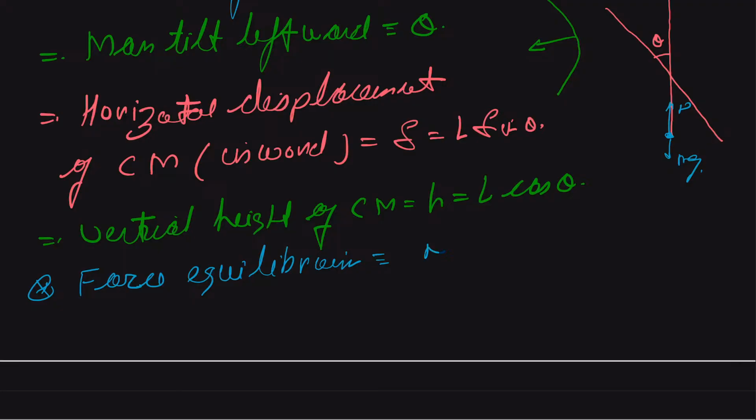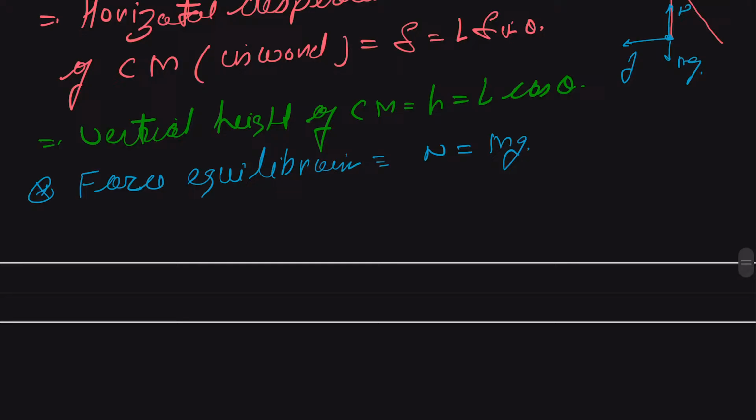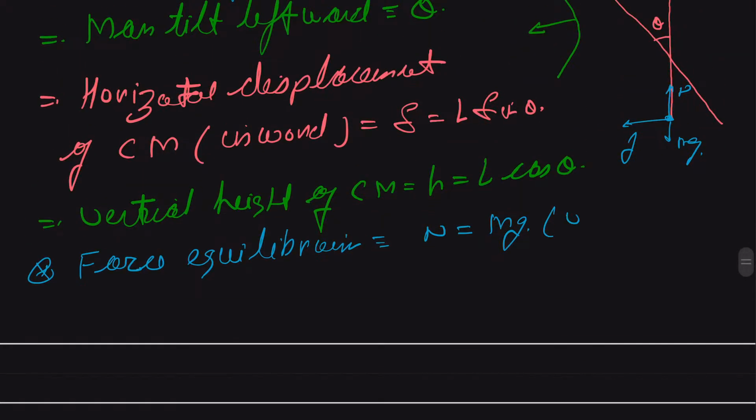So we can say that our N is equal to mg, and since it is a single point contact, we have only one frictional force, that is F, and that will be balanced by the centripetal force. So this was our vertical, and our F will be equal to mv square upon r, and this will be our horizontal. And now we can find out the torque equilibrium about the point of contact.